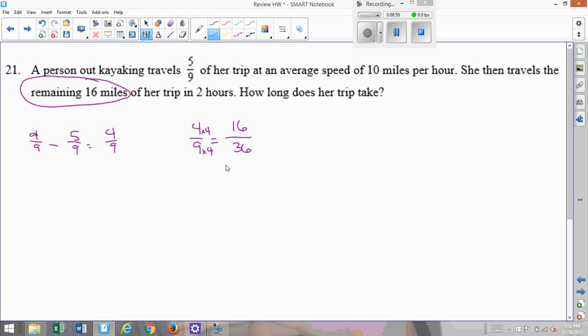Now we know that there are 36 total miles, okay? So that's huge, because what we now know is we have 36 miles total. And we've already done 16 of them. So minus 16, we have 20 miles left in that 5/9.